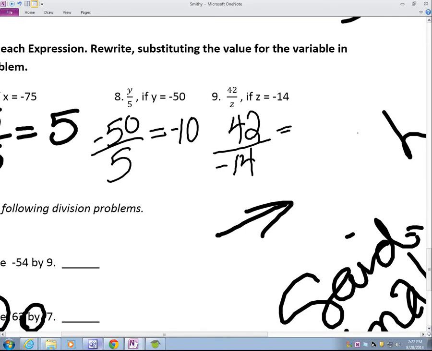Dominique, what do you think? Okay. Do you know how many times 7 goes into 42? 6 times. Is 14 twice 7? So what's half of 6? Yeah. And since there's one negative, what is it? Good.